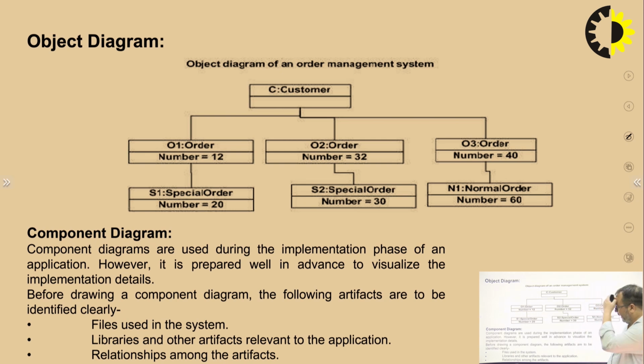Then we have component diagrams. Component diagrams are basically used during the implementation phase of an application. What components, I mean implementation, how we are going to code, what types of files are required.